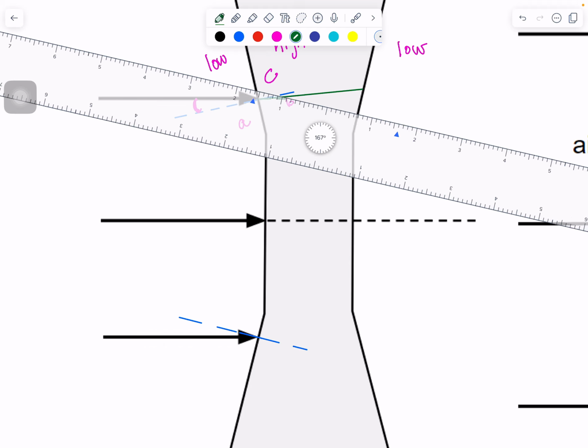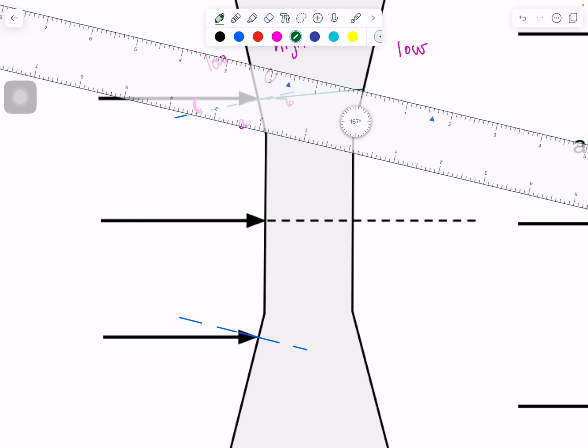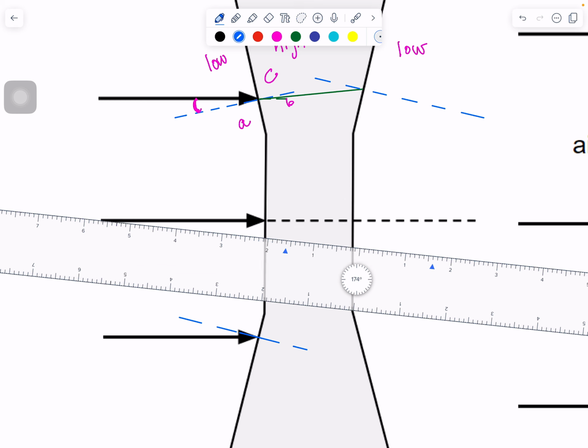Same thing. Draw the normal. And I'm going to do my normal. Okay, towards the normal or away from the normal? Here's also where it gets a little bit interesting. So is it going to be M, N, O, or P?